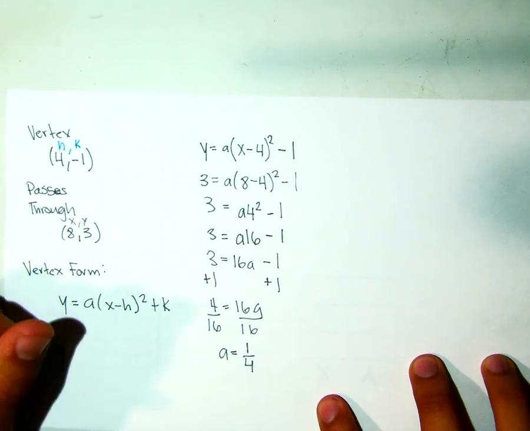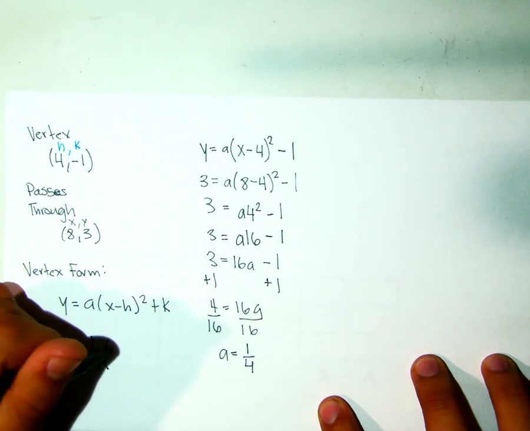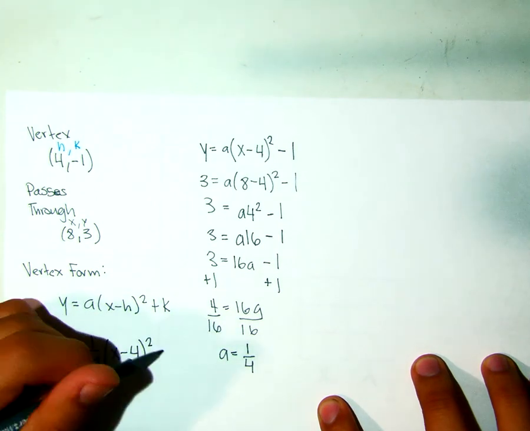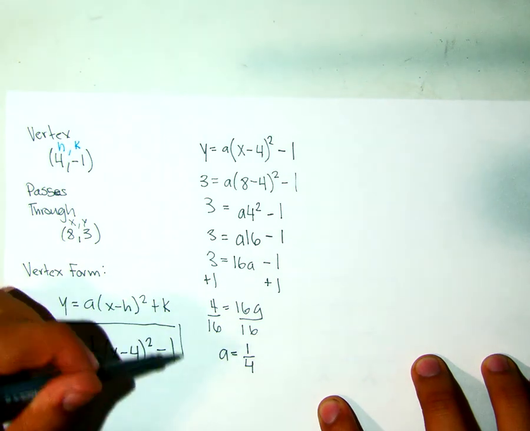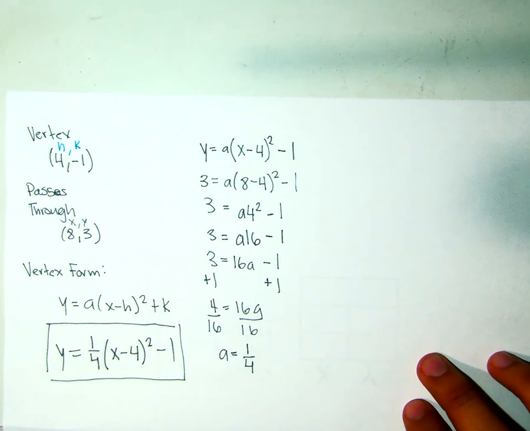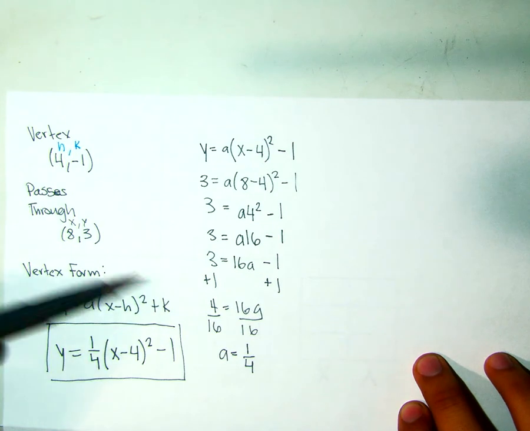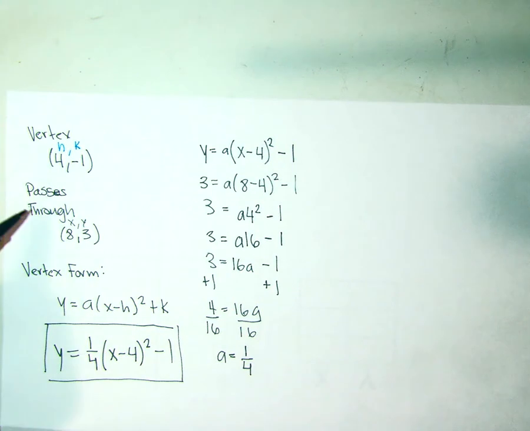So we'll have y equals 1/4 times x minus 4 squared minus 1. And that's our equation. So all we're doing is plugging in what we know. What they give us, we're plugging it into the correct form. So if we're given a vertex and a point, we want to use the vertex form.